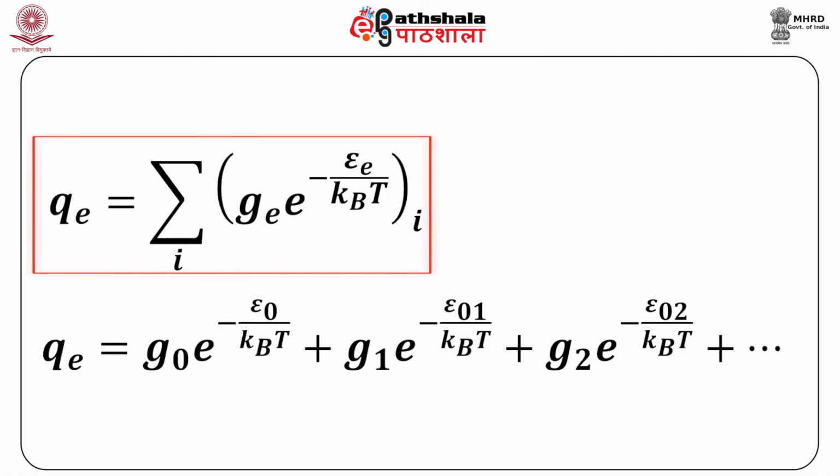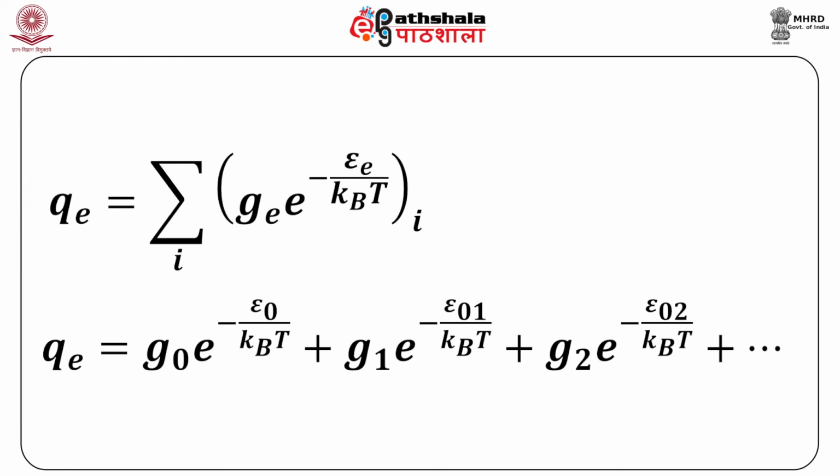QE is equal to summation over i of Ge e to the power minus epsilon E upon kB T. Here i are the various electronic states, and so the summation is taken over all electronic states.